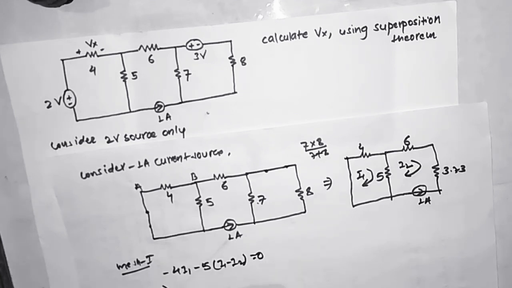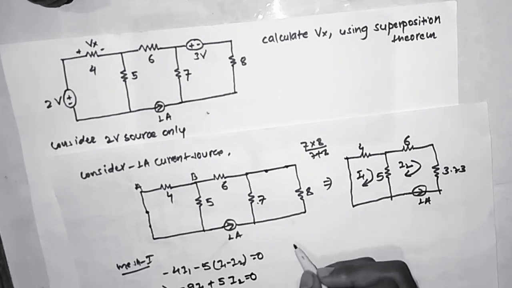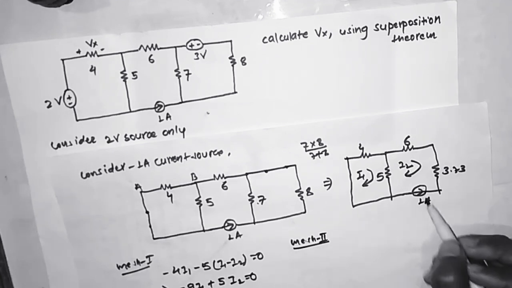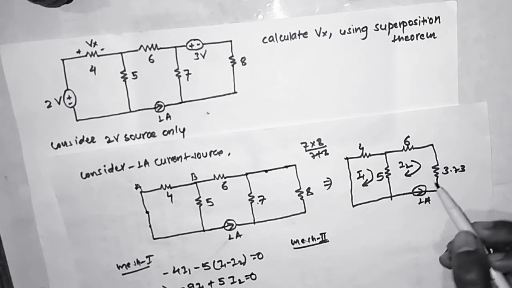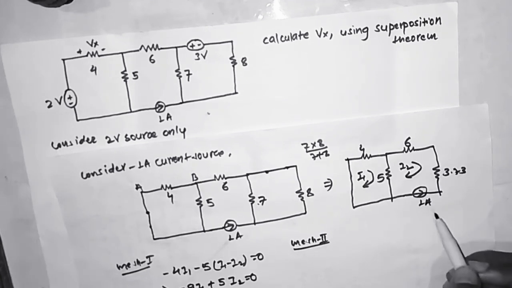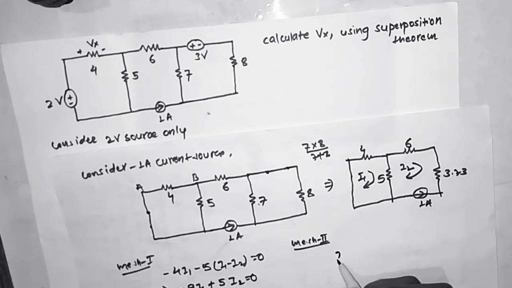On further simplification we write minus 9 I1 plus 5 I2 equals 0. Applying KVL in mesh second, we already have the 1 ampere current source, but the direction of I2 is opposite to 1 ampere, so I2 equals minus 1 ampere.